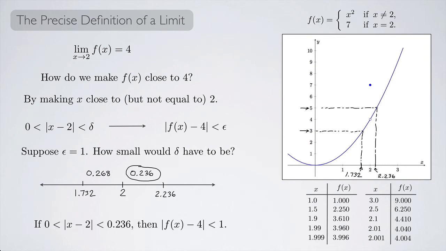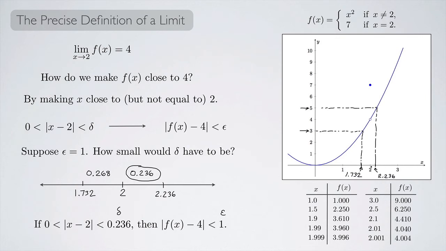So if I do that, then I see that if 0 is less than the absolute value of x minus 2, which is less than 0.236, that's my value of delta, then the absolute value of f of x minus 4 should be less than 1, and that's my value of epsilon. And any other value of delta smaller than 0.236 would also guarantee that the absolute value of f of x minus 4 is less than 1.